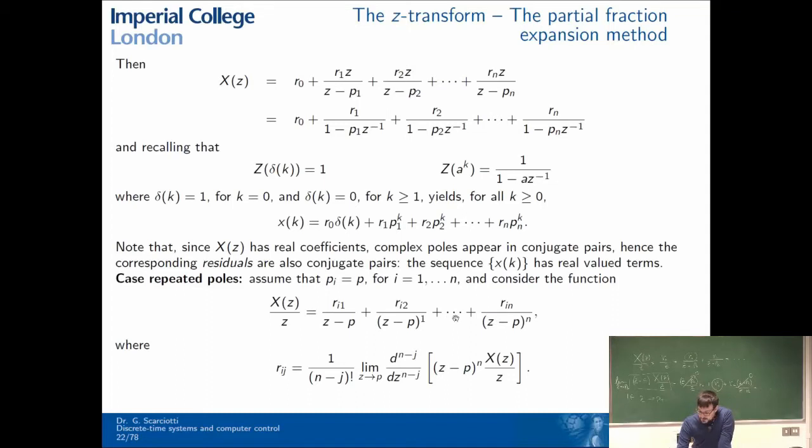But if you take the first derivative, this constant disappears and all the other terms decrease, so the residual r_{n-1} will become constant, will not multiply (z minus p), and when you take the limit, you will isolate that term, and so on. This is basically the idea behind this formula.